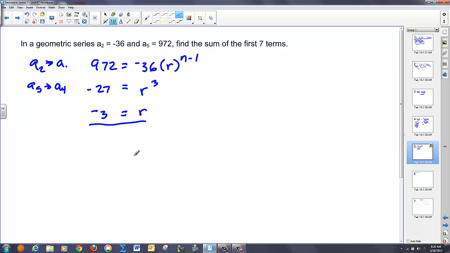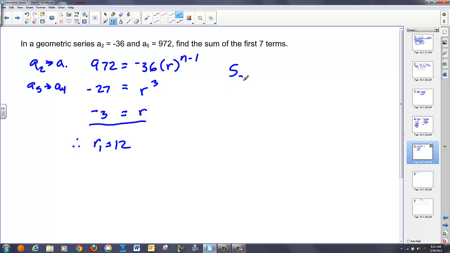Now that I have my ratio, I can find my first term, and if I'm multiplying by negative 3 to get to negative 36, therefore my first term is going to be 12. So now I'm going to use my sum.